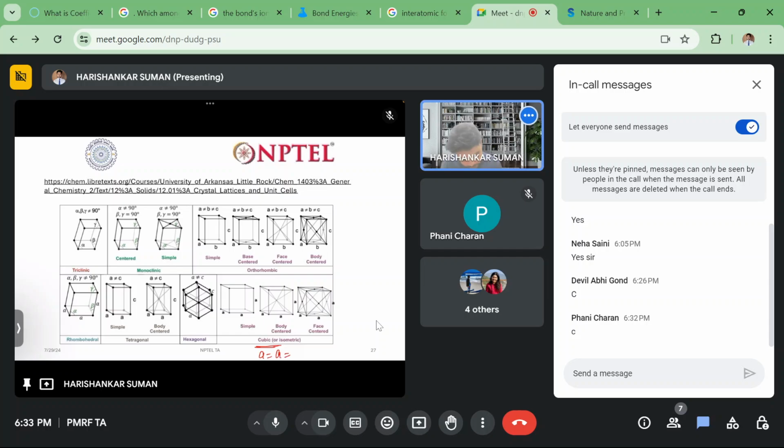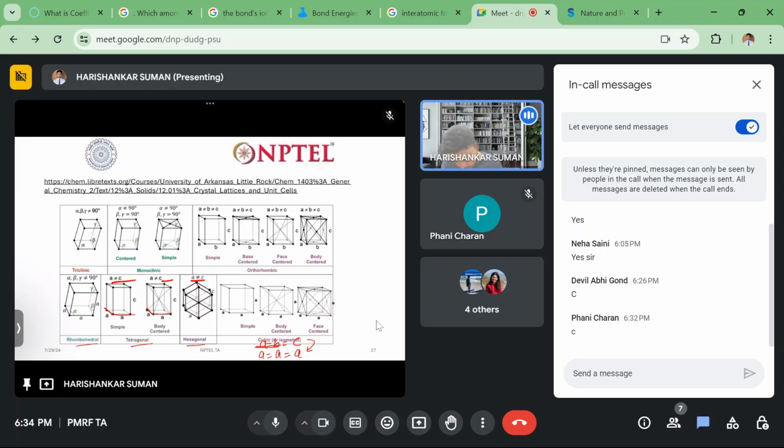a, b, c equal. Here, a is not equal to c. And there are the same for hexagonal, tetragonal, also not the same. a not equal to c, but a and b are equal.